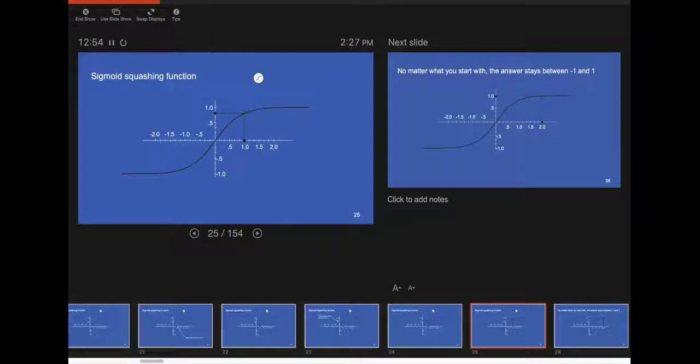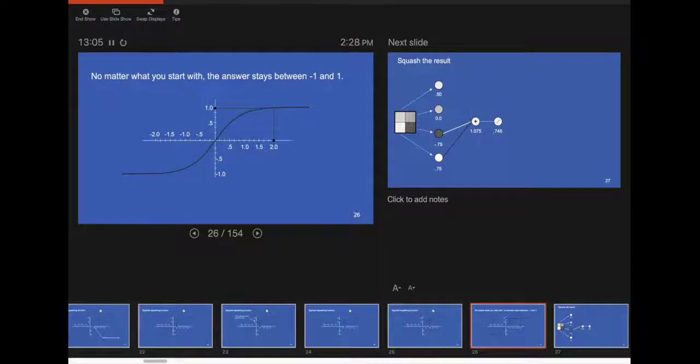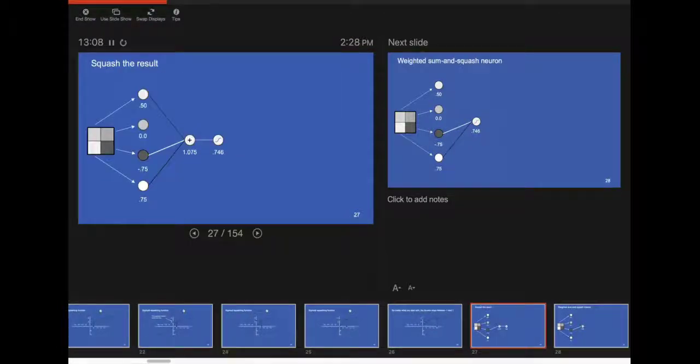In fact, the larger your input is, the closer you get to +1 in this case, and vice versa. So we had some inputs, we mapped them to our input neurons, we calculated a weighted sum, and then we passed that sum through a sigmoid function. And what we get in this example is a value which is almost 0.75.